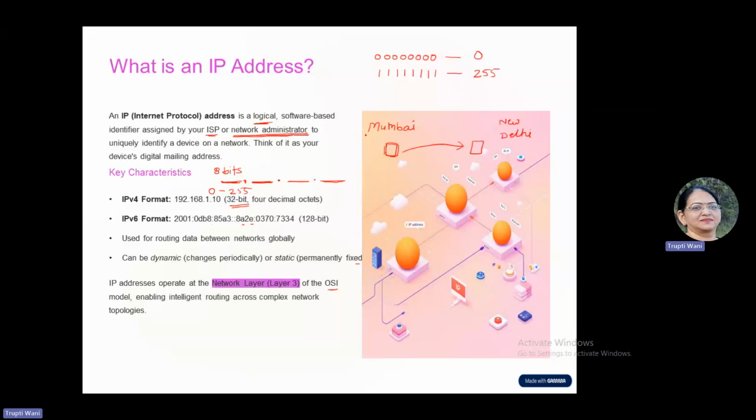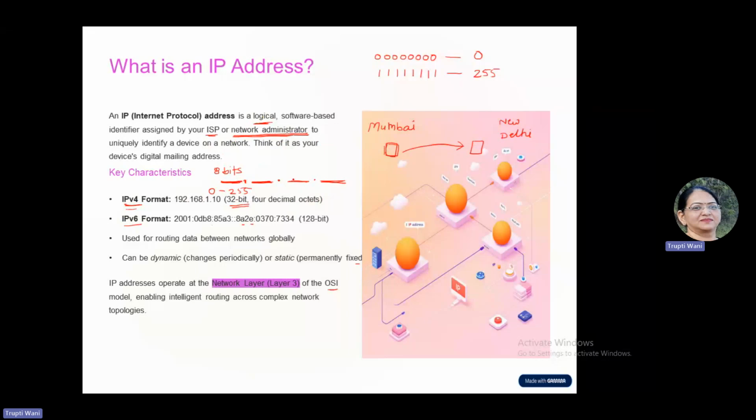This IP address is 32 bits long. There are two types of IP address, IPv4 and IPv6 format. Now, IPv4 format, we will particularly talk about this format first. IPv4 format contains 32 bits. 32 bits means 8 bits separated by dot.